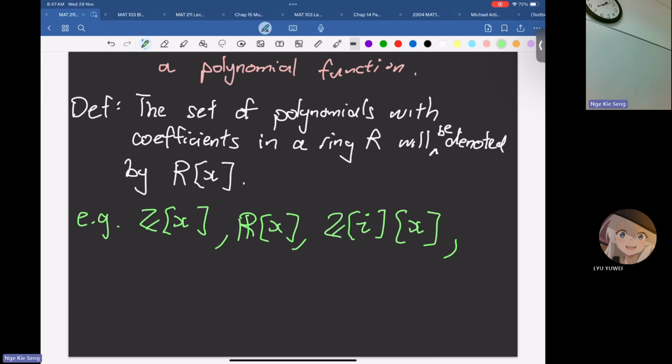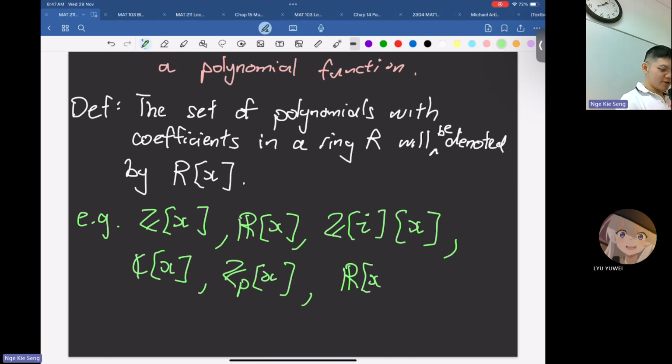Okay. So how about complex numbers? Or integers modulo p. Or we can do a polynomial ring over a polynomial ring. We can do this.